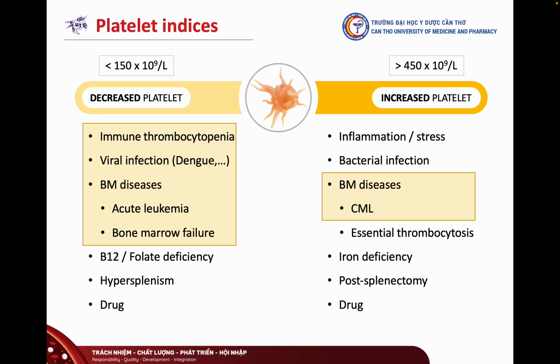Is this reactive or primary? And remember, there are many other causes that can alter the platelet counts. I've included them here so you can refer to them during clinical practice, especially when analyzing a specific case.